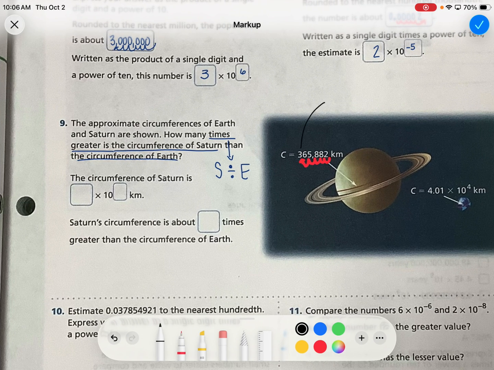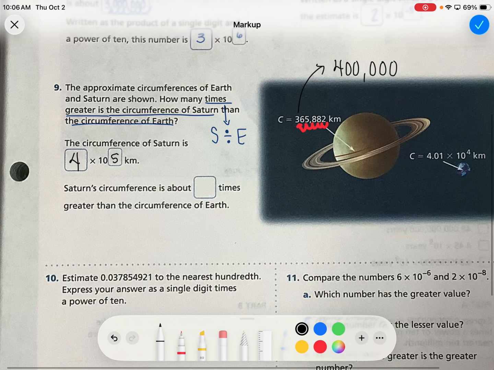Now, would these 3, the 300,000, have rounded up or down? So 400,000. So it's going to be 4 times 10 to the 5th power.